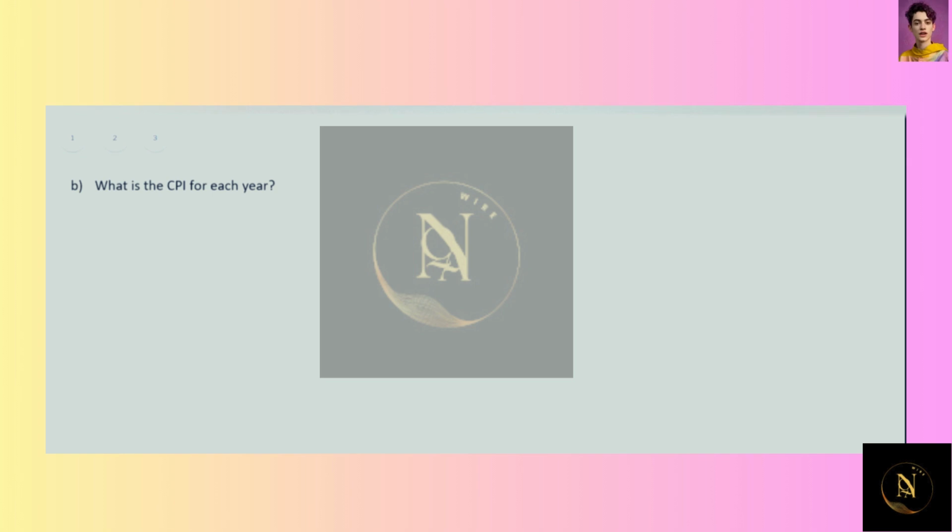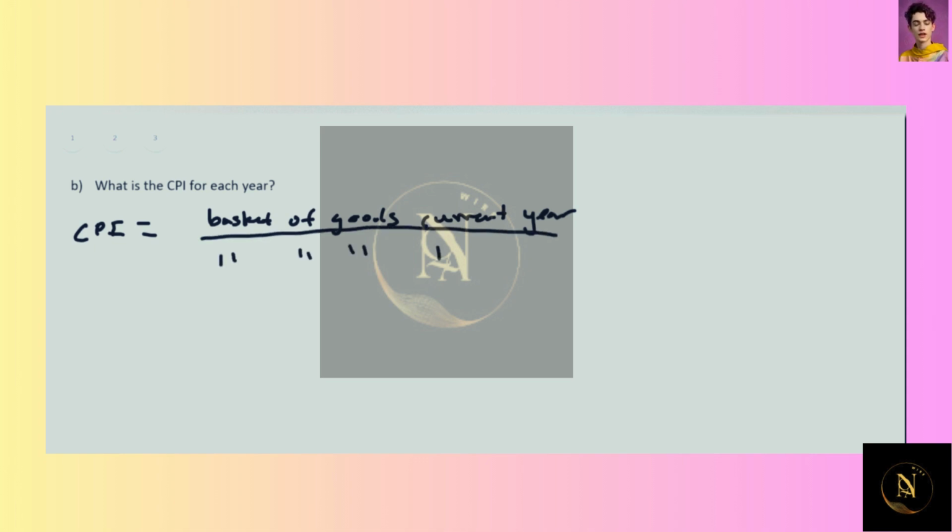And basically the formula is CPI equals the basket of goods in the current year over the basket of goods in the base year. So the CPI for the base year, which in this case is going to be 2016, is always going to equal 100.